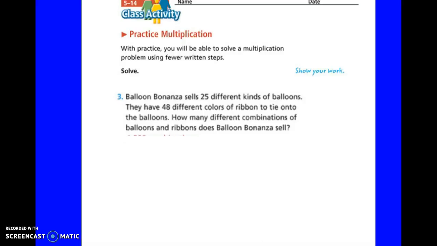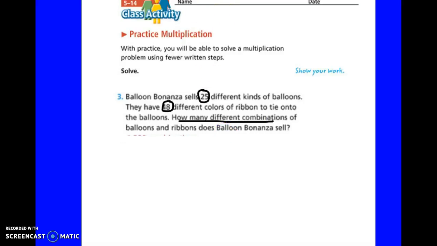But this one, it says Balloon Bonanza sells 25 different kinds of balloons. They have 48 different colors of ribbon to tie onto the balloon. How many different combinations of balloons and ribbons does Balloon Bonanza sell? All right, again, I circle my numbers. There's 25 different kinds of balloons. There's 48 different colors. How many different combinations do they sell?